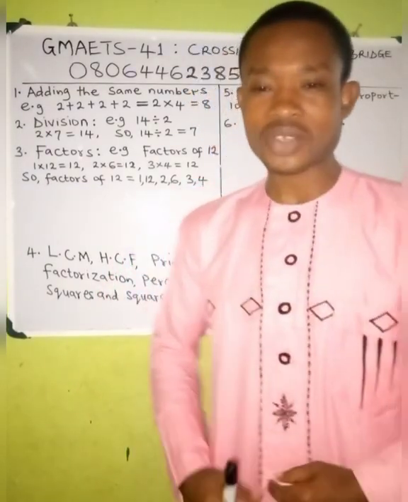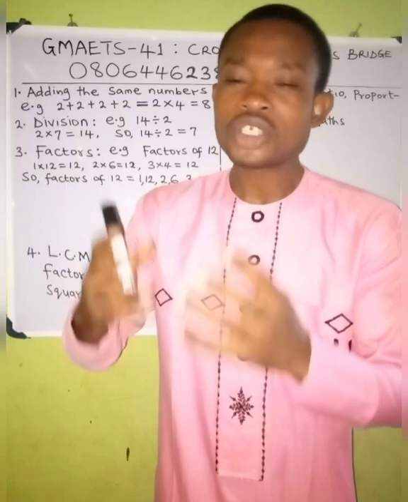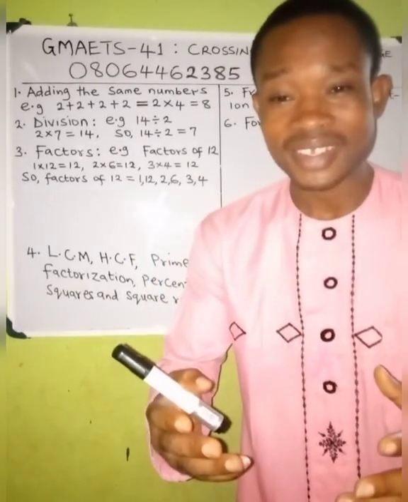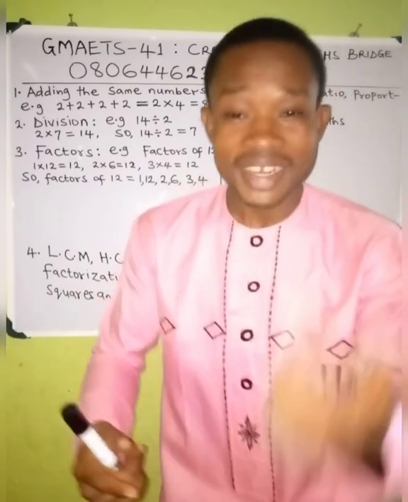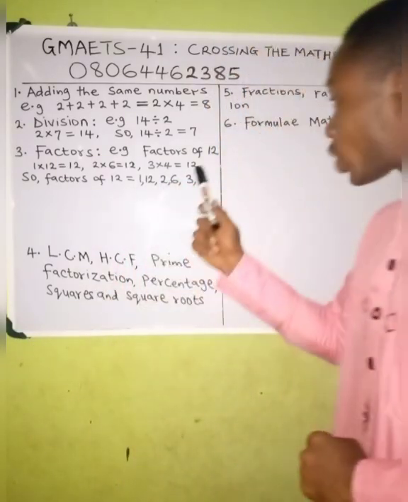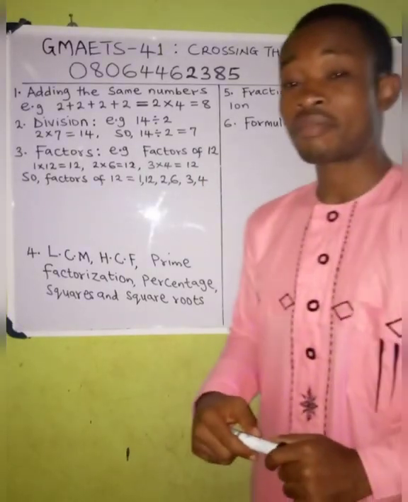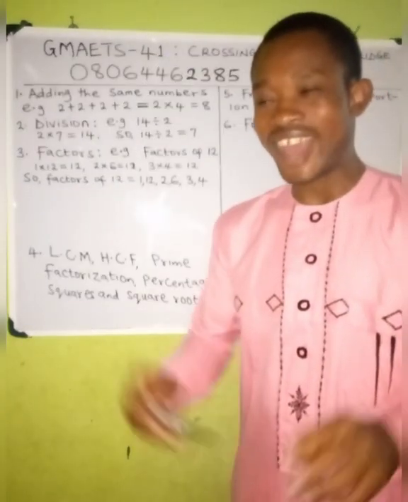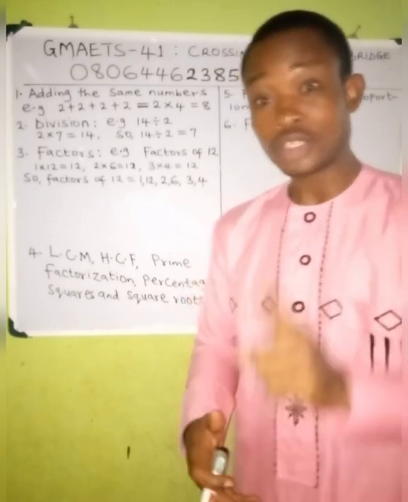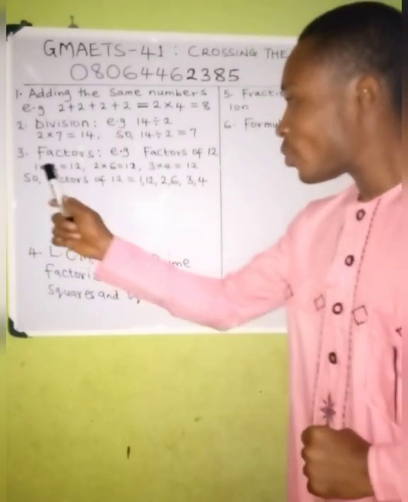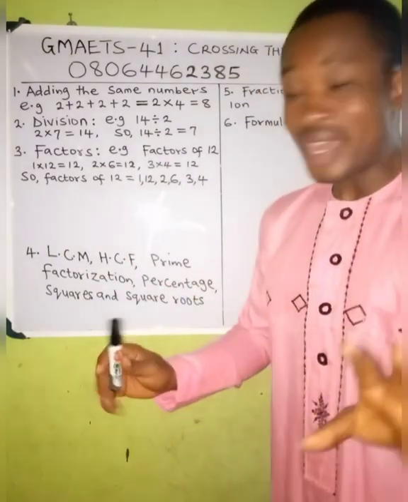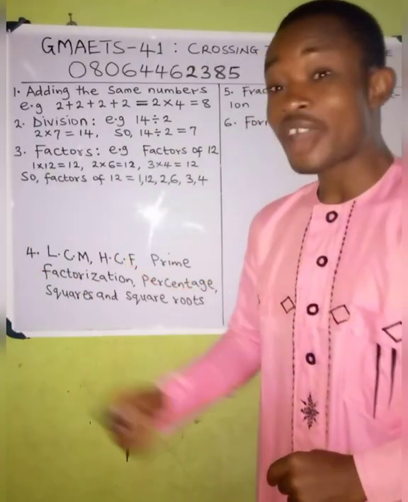Then you can just ask yourself, which two numbers can you multiply? Which two numbers can I multiply to get 12? Because we are talking about factors of 12.